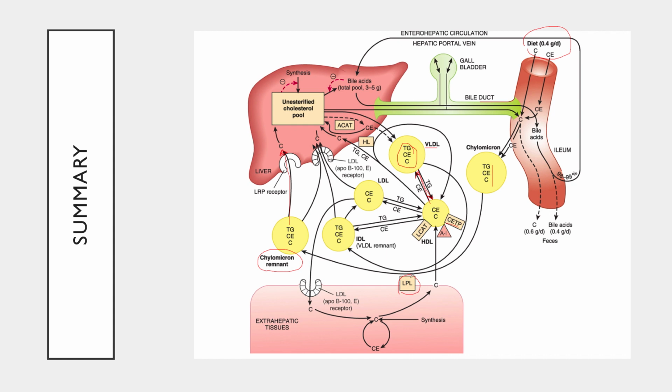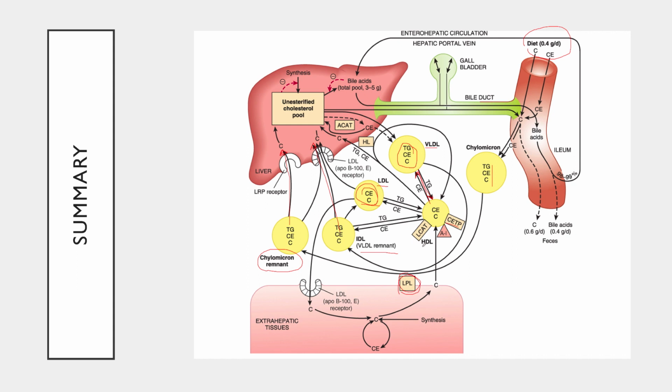VLDLs mature through an interaction again with lipoprotein lipase, and the VLDL remnant, IDL, can be taken up by the liver or continue to mature to an LDL particle, which primarily carries cholesterol and cholesterol ester. We'll look specifically at the uptake of LDL in the next session.